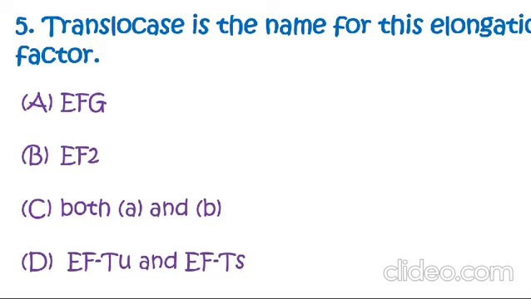So our correct option over here is option C, both A and B. How is it? EF-G in prokaryotes and EF-2 in eukaryotes are essential for the translocation process during the elongation phase of protein synthesis. Therefore, both A and B are correct over here.